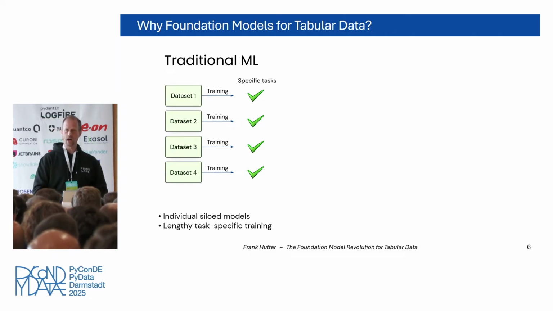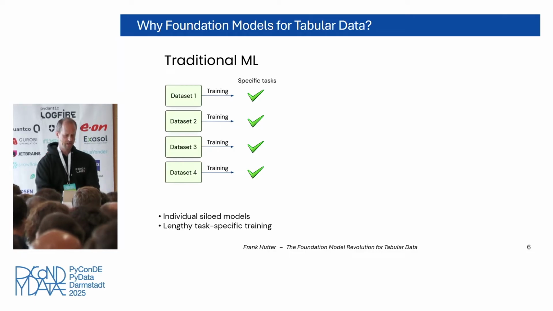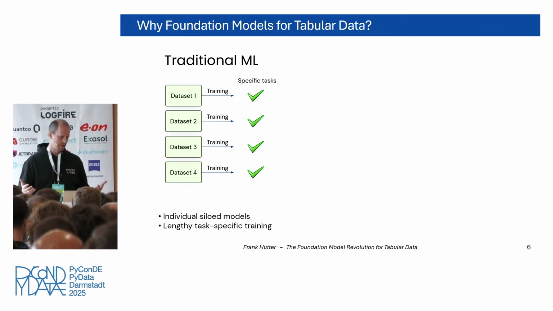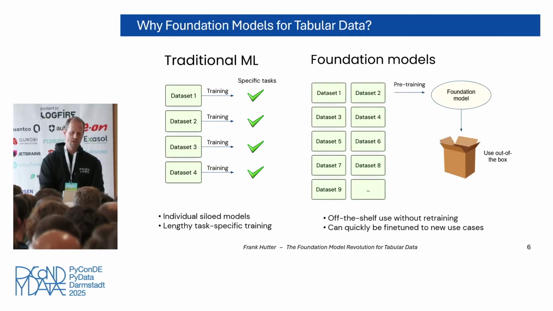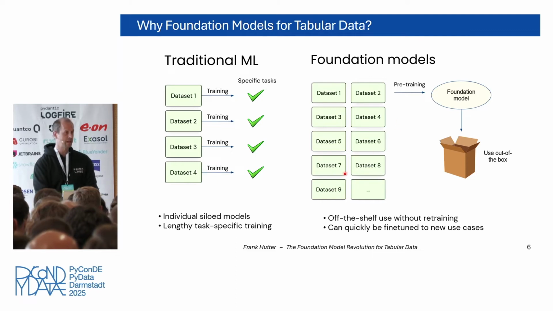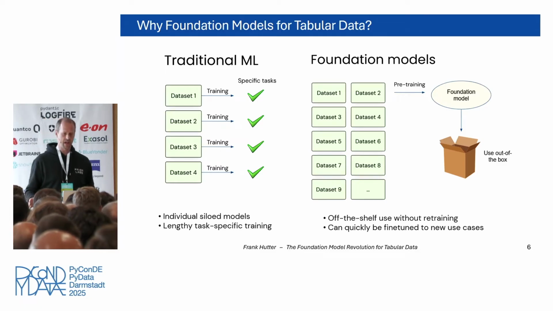But we actually now want to have foundation models for tabular data. Why? Well, in traditional machine learning, you do training for every new data set anew, and that leads to individual siloed models with a sometimes lengthy task-specific training, whereas in foundation models, you actually do a lot of pre-training, so you do a lot of work on many data sets, but then you package this up into a box, and you never need to train again.